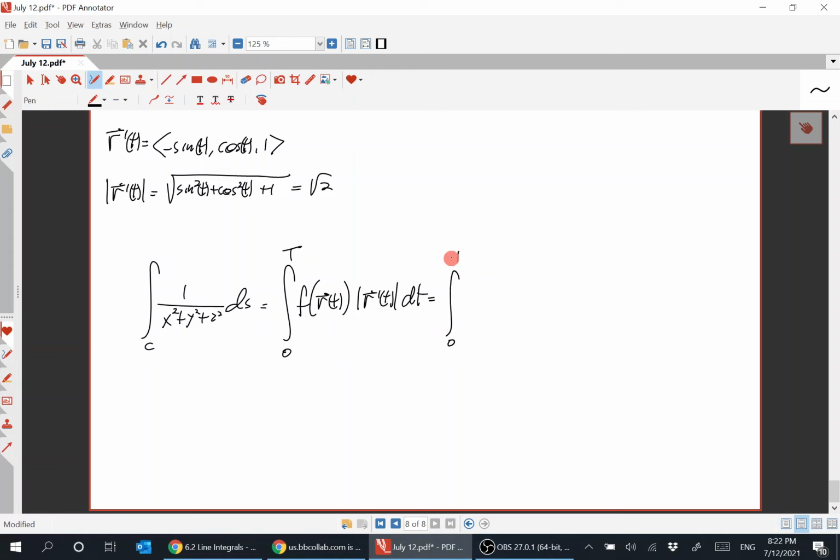So it's the integral from 0 to capital T, 1 over 1 plus t squared times square root of 2 dt.